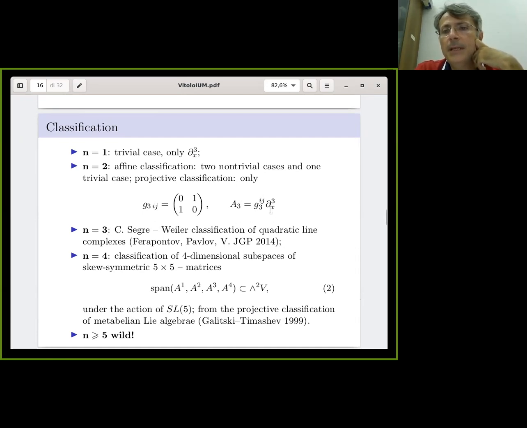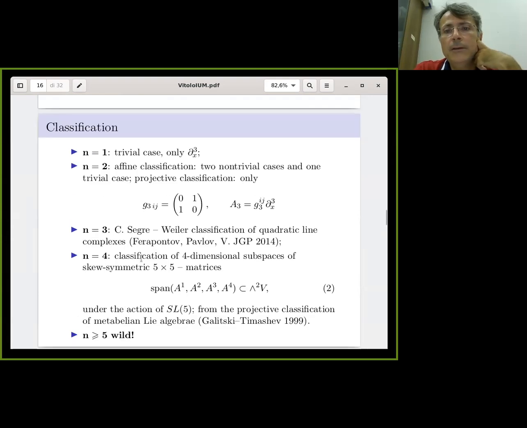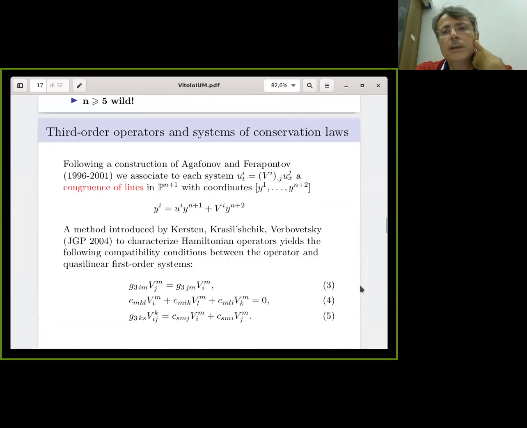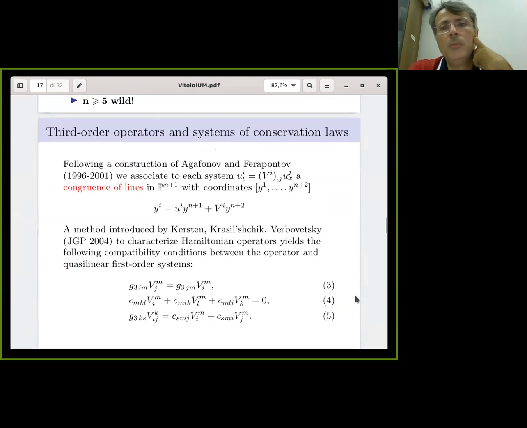The simple operator is just this anti-diagonal matrix multiplied by d^3. And in the cases n equals 3, n equals 4, the situation is more complicated, and there is an increasing amount of projective geometry. The case n greater than or equal to 5 is not, how to say, the classification is not possible. There are so many normal forms that it just makes no sense.